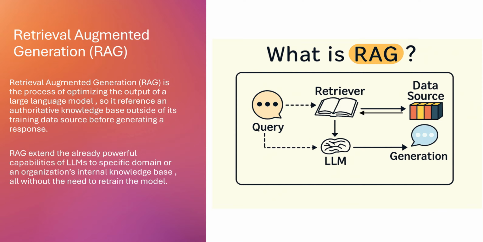It accesses Wikipedia and all these internet things. But my company policy it doesn't know, because that is not available on the internet, since it's my company. So here what we will do is give it a database.